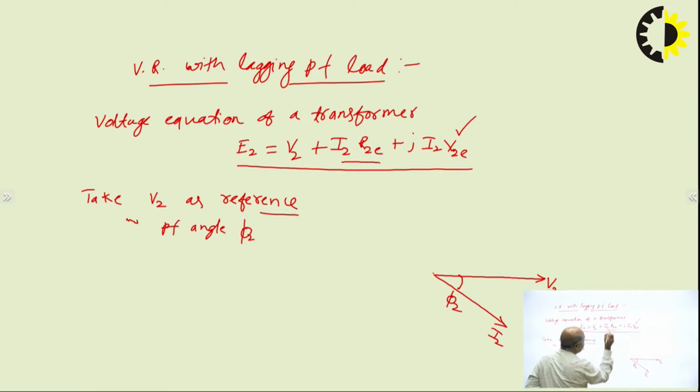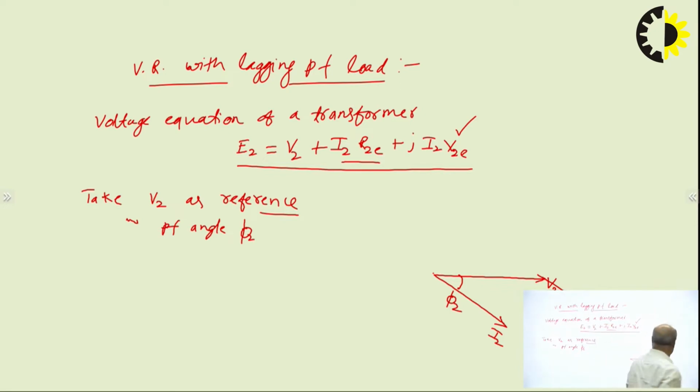So where will phasor I2R2E be? I2R2E will be in phase with our I2, from the end of V2. From the end of V2, we will draw a phasor which is parallel to I2, and this is I2R2E.